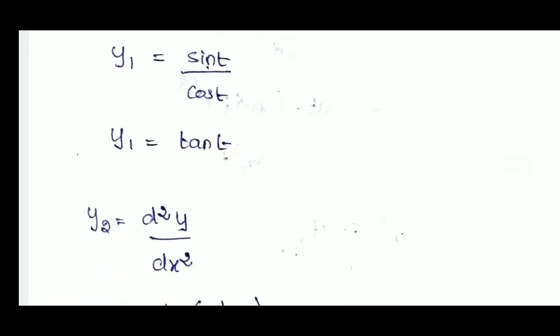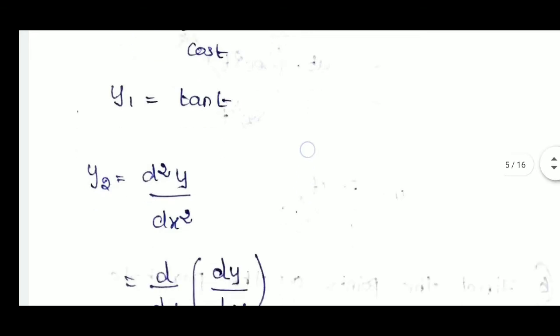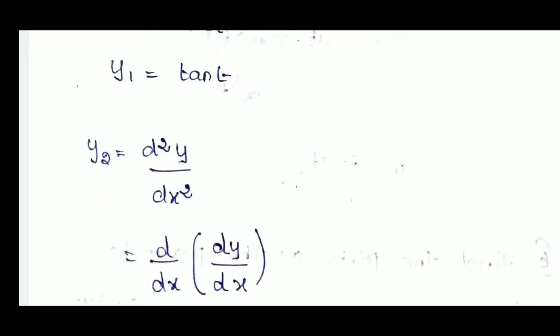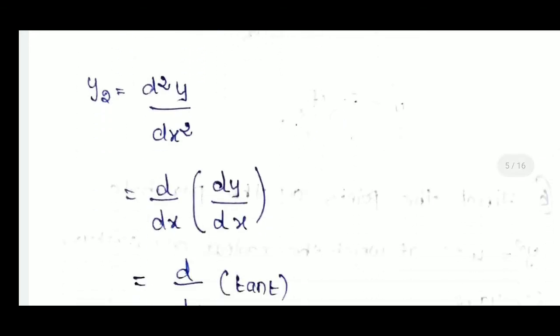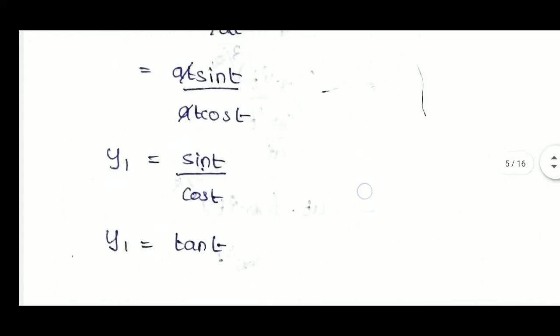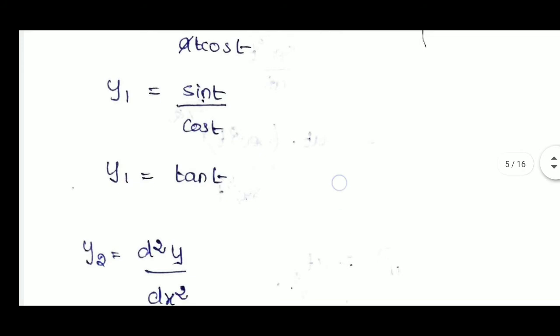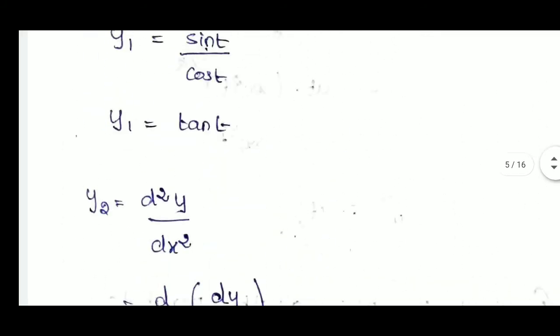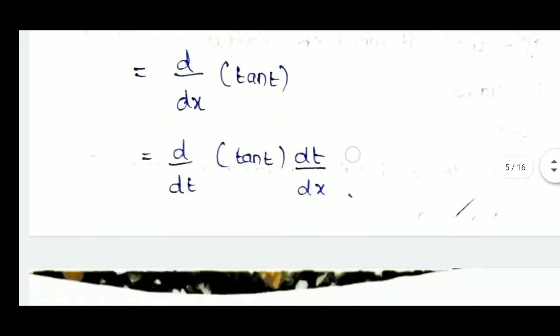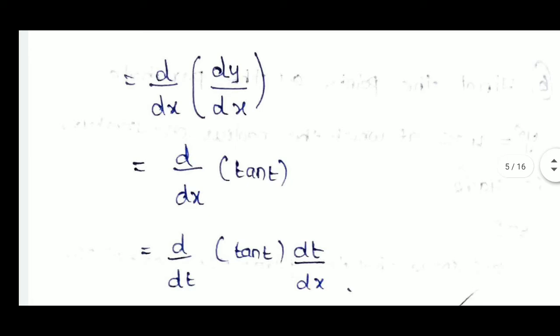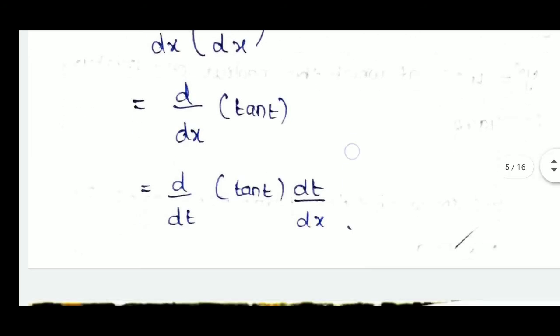The second differentiation is denoted by y2 = d²y/dx². d²y/dx² can be written as d/dx of dy/dx. Instead of dy/dx, y1 is tan t.